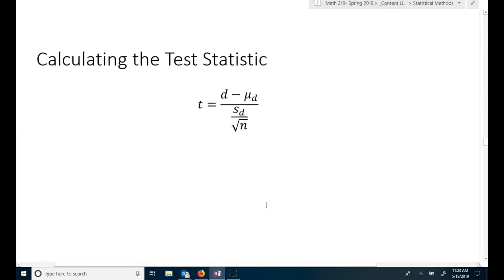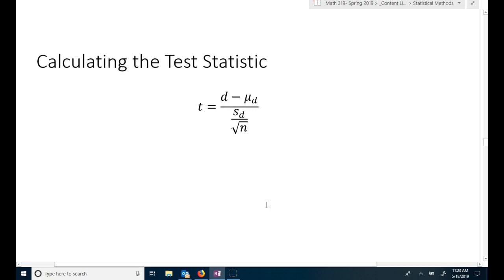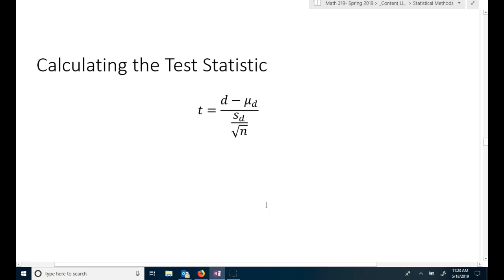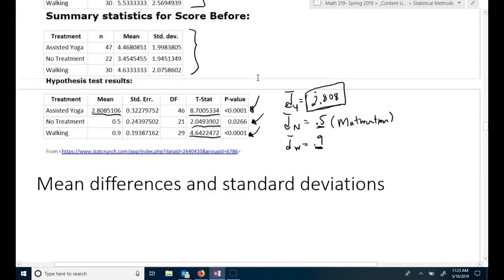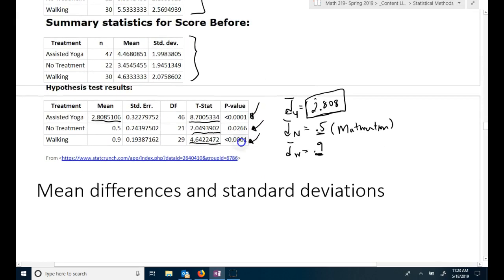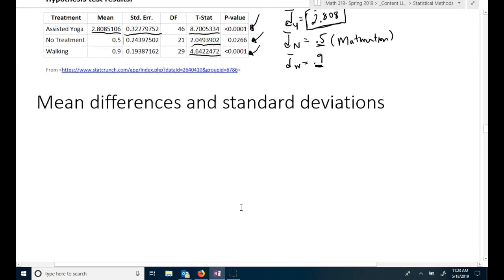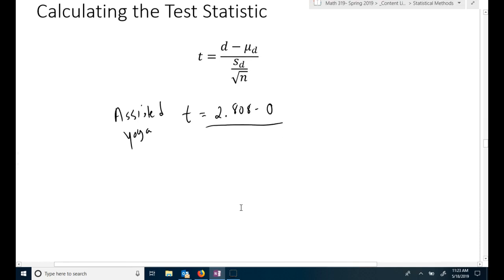Okay. Now, this thing here, this is just calculating our test statistic. All right, and what we did, say for example, for assisted yoga, if you want to check it yourself, is we had T equal to 2.808 minus 0 over the standard error, which is 0.3228, okay?